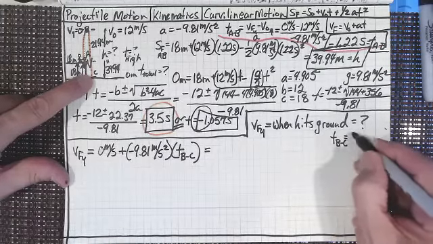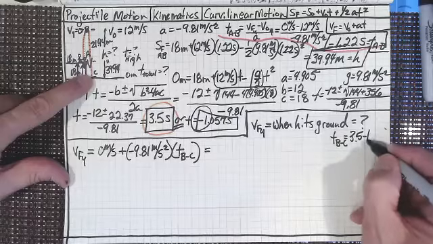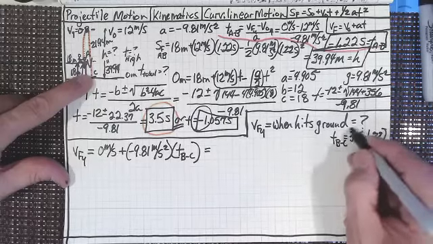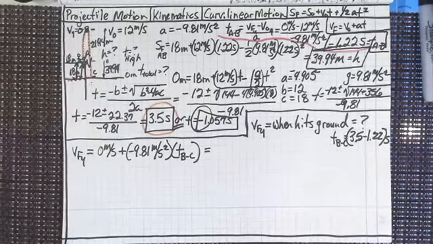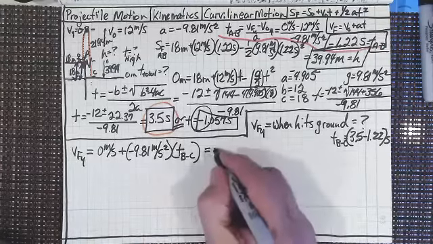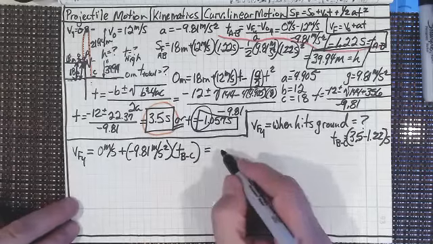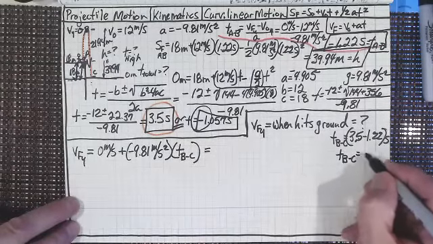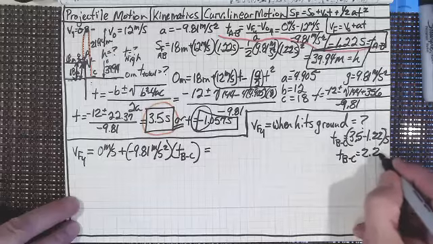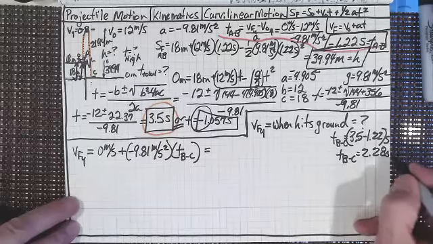TBC equals 3.5 minus 1.22 seconds, because it was 1.22 seconds to get to the top, and it was 3.5 seconds to go the entire route. And that leaves us with 2.28 seconds. All right, so TBC equals 2.28 seconds.